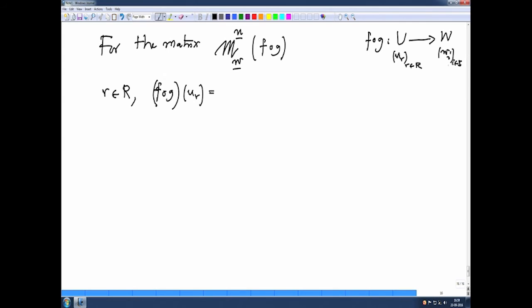So this will be an I cross R matrix, I comma R. This will be that matrix.